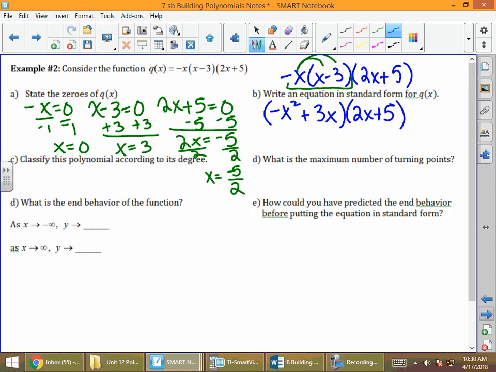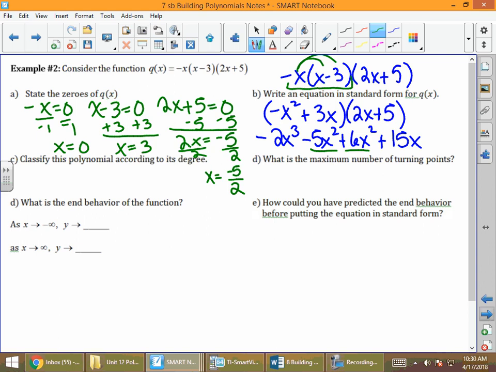Negative x squared times 2x is negative 2x cubed. Negative x squared times 5 is negative 5x squared. 3x times 2x is 6x squared. And 3x times 5 is 15x. First, outer, inner, last, if you're using that method.